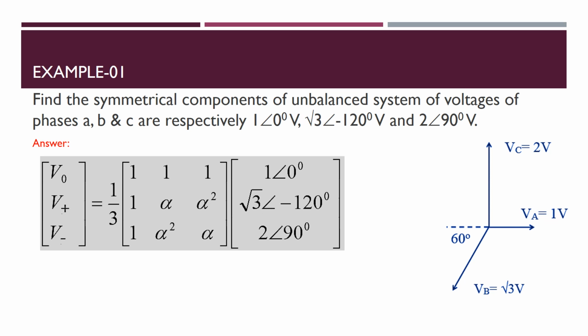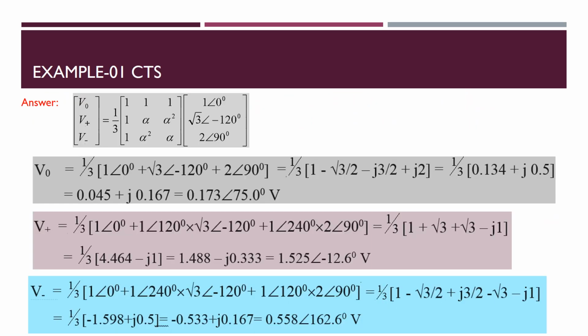This is a question to find the symmetrical components, that means the symmetric sequence components of an unbalanced system, with voltages A, B, C respectively. These are the voltages. It has been calculated: V0 is equal to this much and V plus equal to that much. V minus is equal to 0.558 at 162.6 degrees.